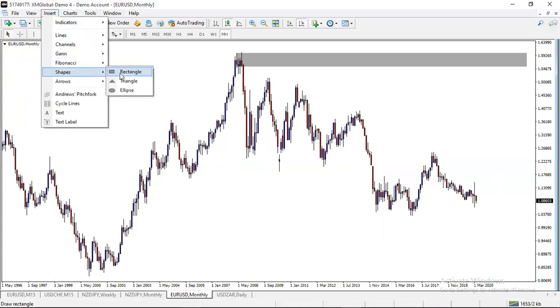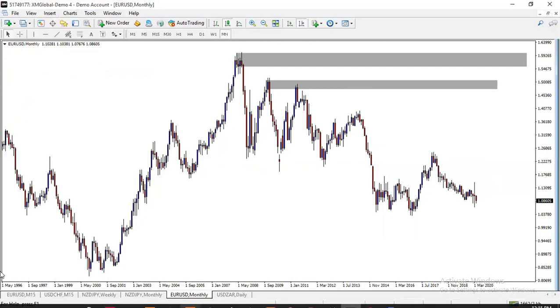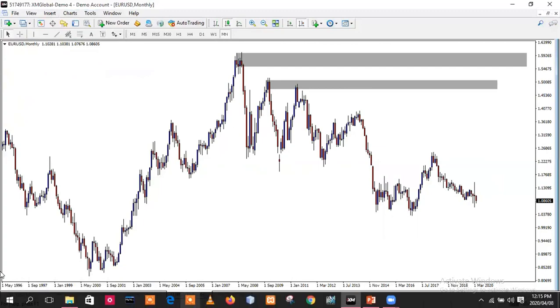You know that a resistance has formed here, and then price pulled back, tested, and dropped. So that is the first video of the series. We're just looking at support and resistance, how they form and where they form.